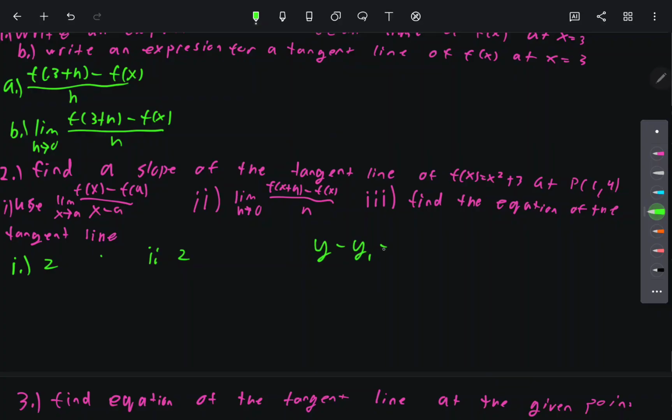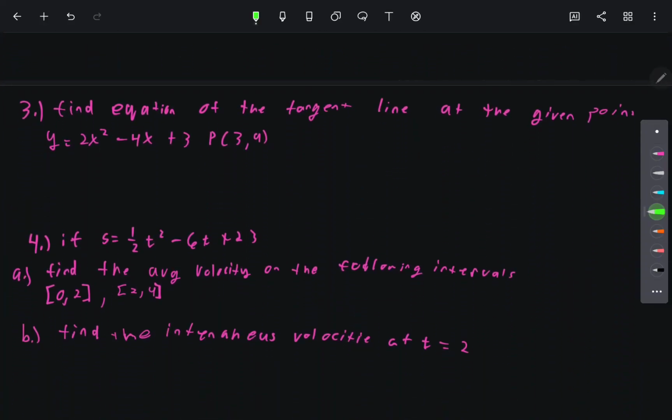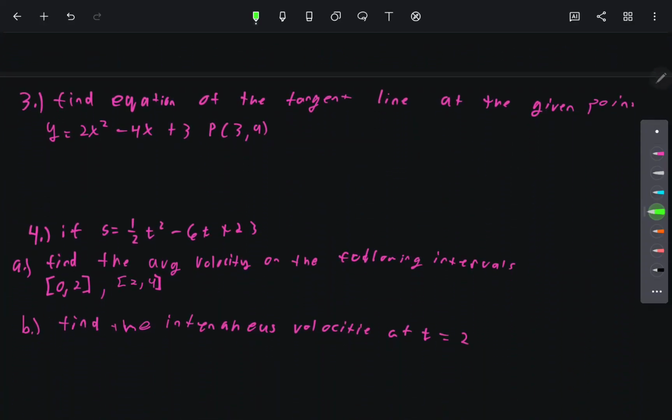So y minus y1 is equal to m times x minus x1. So what we're going to start out with, the y stays because that's a variable, or a dependent variable, in fact. We know that our y coordinate is 4, and it has a slope of 2, x minus 1, and that's our equation. So next, we want to find an equation of the tangent line at a certain point. I want us to use my favorite definition here.